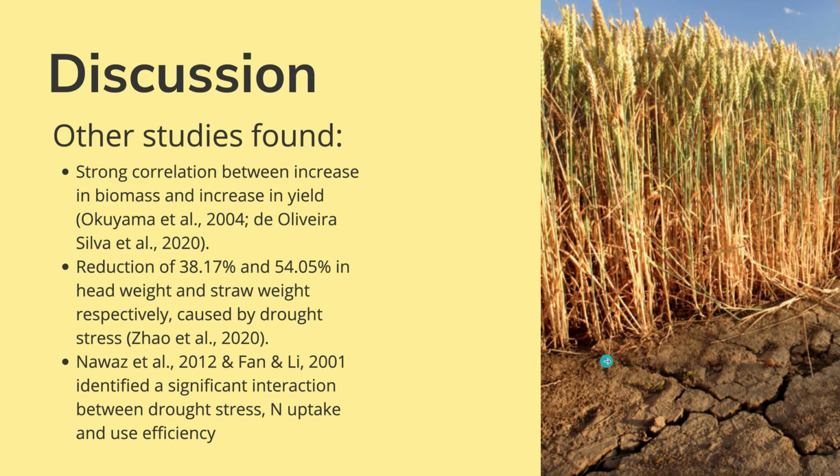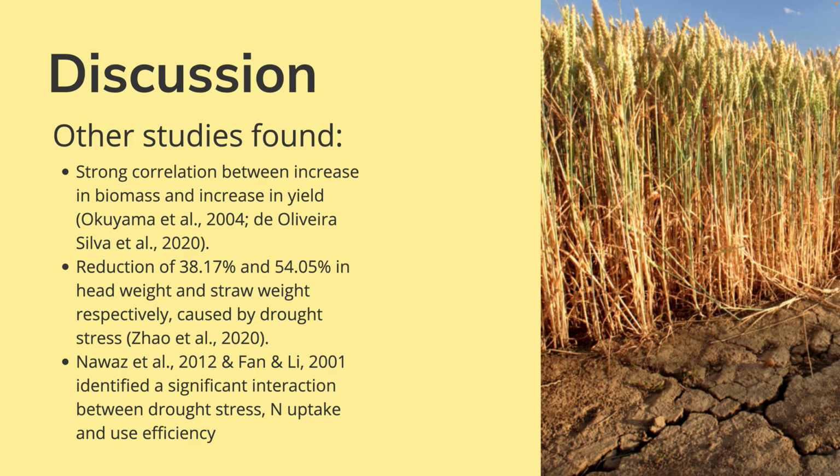Other studies, such as from Dr. Silva, found a strong correlation between an increase in biomass and an increase in yield, as we observed in our study. Other studies found a big reduction in head weight and straw weight when drought stress happened.